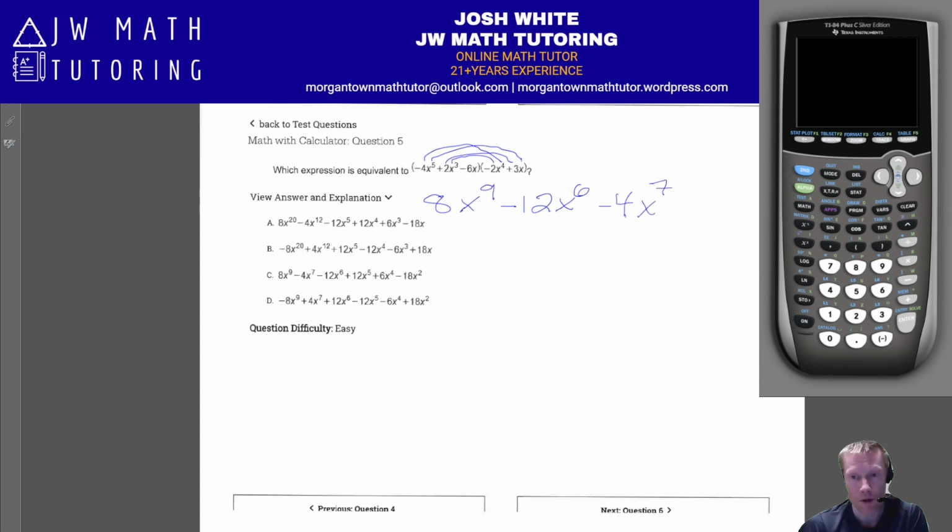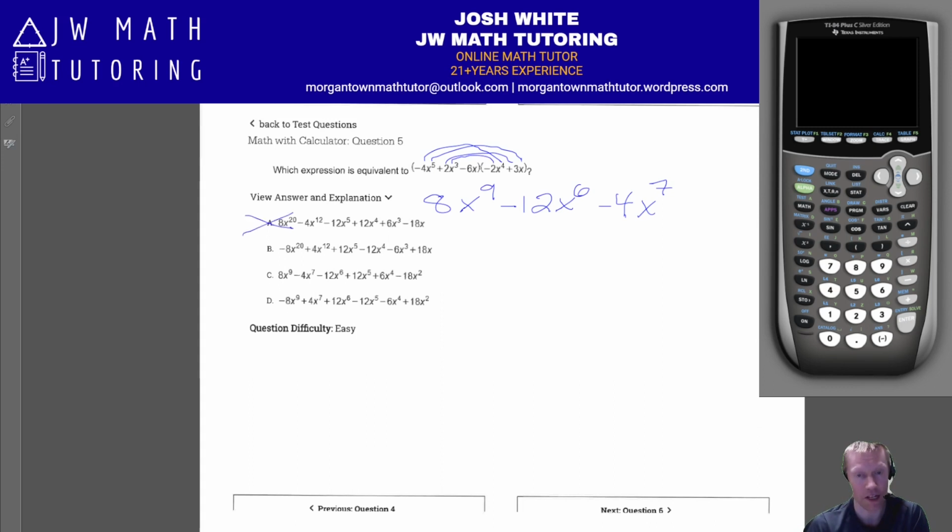Now, one thing I want to point out is on tests like the SAT, PSAT, ACT, and so on, where you have the multiple choice answers given to you, you do not need to spend the time doing all the work on some problems. Because if you look at what I have so far, I have 3 terms. I have 8x to the ninth. So notice, in answer choice A, do I see that term anywhere?